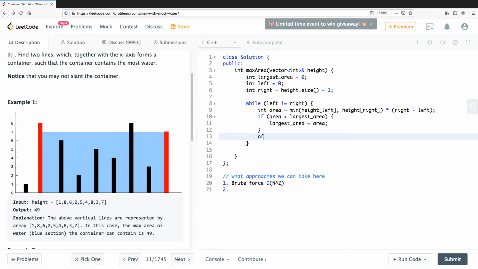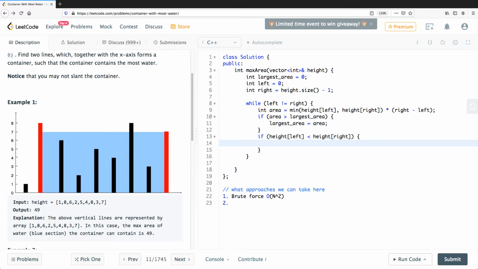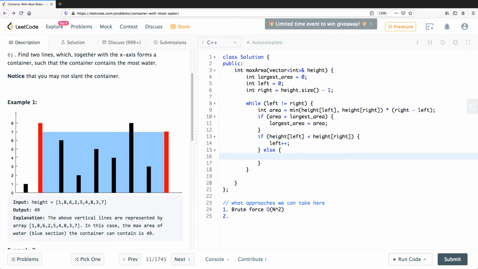So if the vertical line on the left is less than the vertical line on the right, then we have to advance the left side, else we advance the right side. Now you see, if they are the same, it doesn't matter, you can move either way.